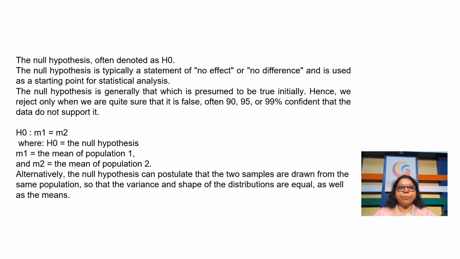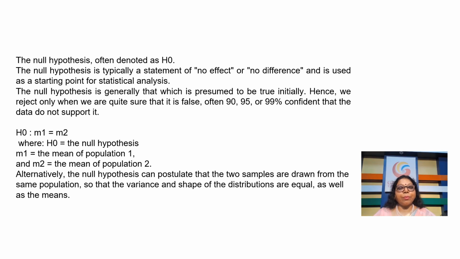For example, if we want to compare the test scores of two random samples of men and women, a null hypothesis would be that the mean score of the male population was the same as the mean score of the female population. So here we have H0, that is M1 is equal to M2.